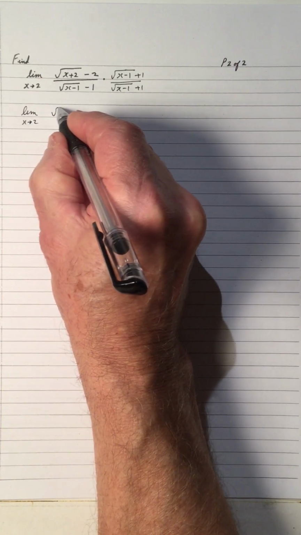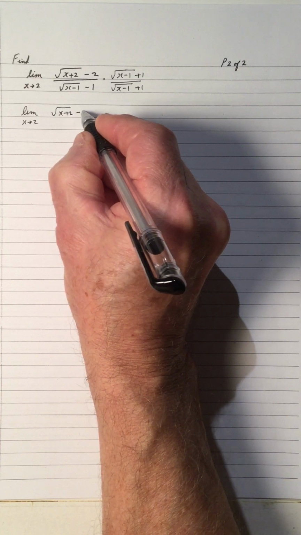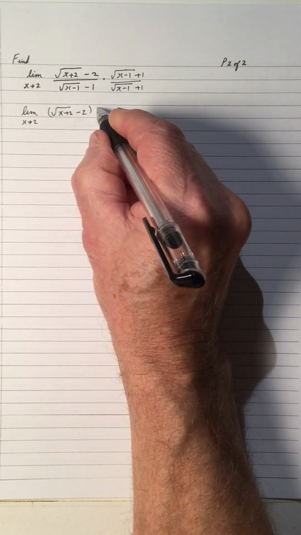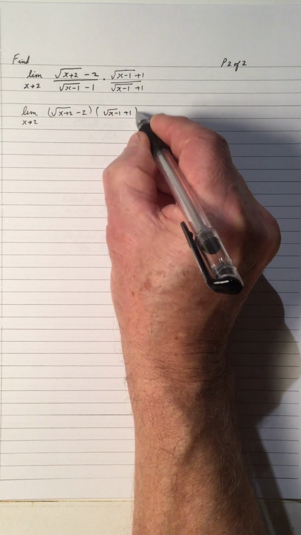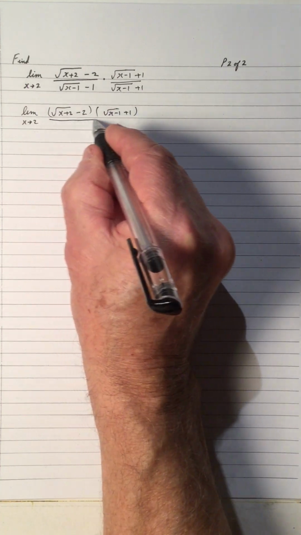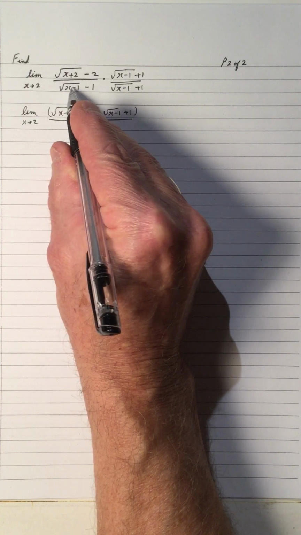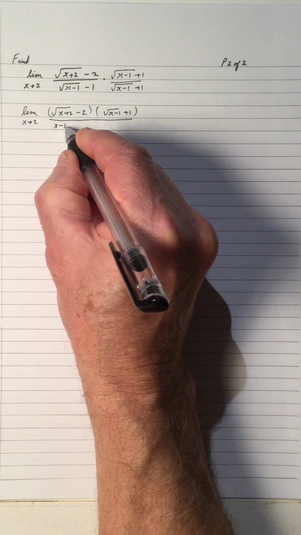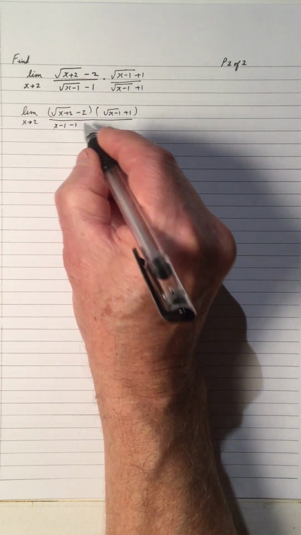So this is the square root of x plus 2 minus 2, and we'll leave that multiplication alone. And so we'll multiply the denominator here. The square root of x minus 1 times itself will give you x minus 1, and a negative 1 times positive 1 is a negative 1.